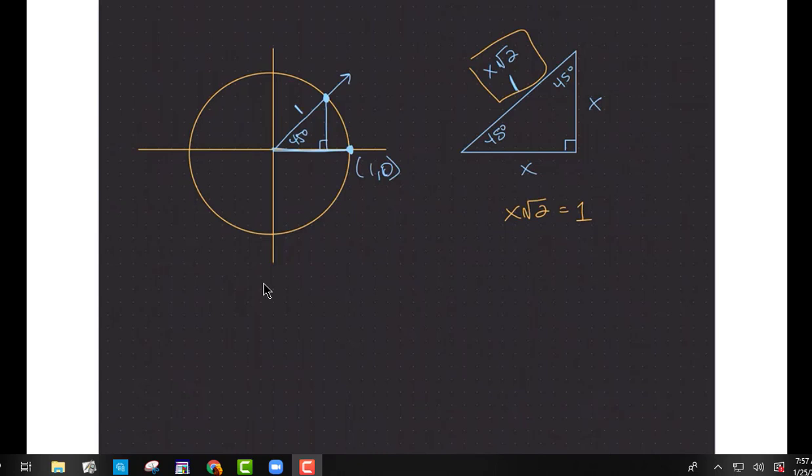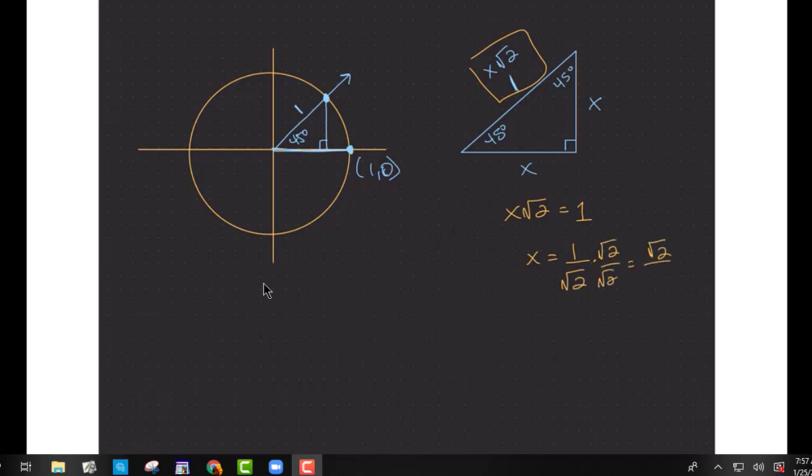Divide by the square root of 2, and x equals 1 divided by the square root of 2. But sometimes our fancy mathematicians, we don't like those radicals in the denominator. Remember that? So in order to get rid of that square root of 2 in the denominator, we multiply the top and bottom by the square root of 2. So that's going to give me what?